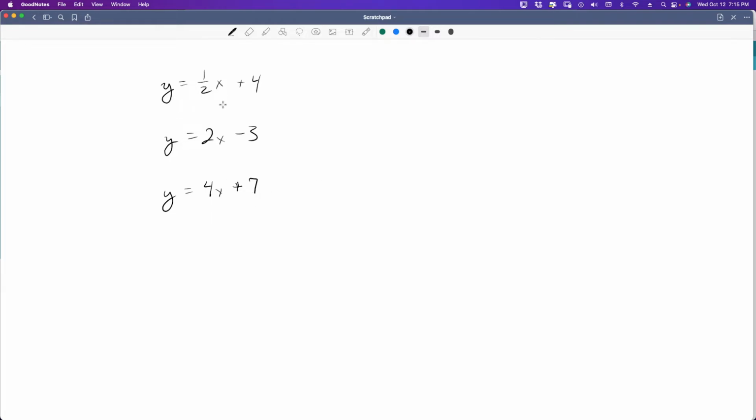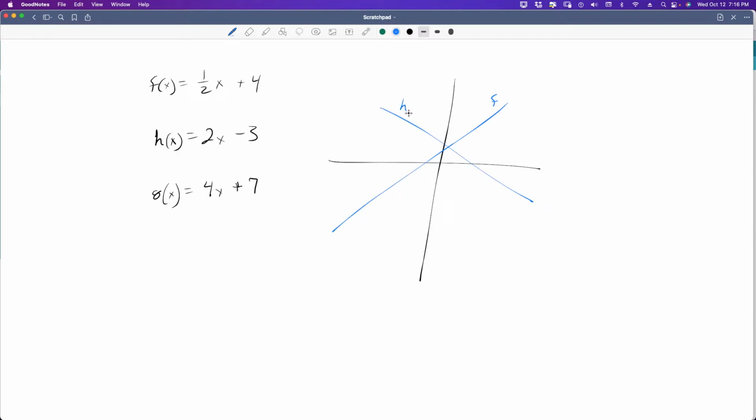Well, instead of all those lines running together, they gave them names because it was understood that y was right there. So they would say f of x, they would say h of x, and then they would say g of x. And then on their little system over here, maybe this would be line f, and this would be h, and this would be g, just for supposies.